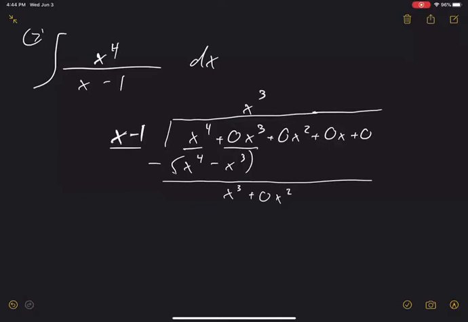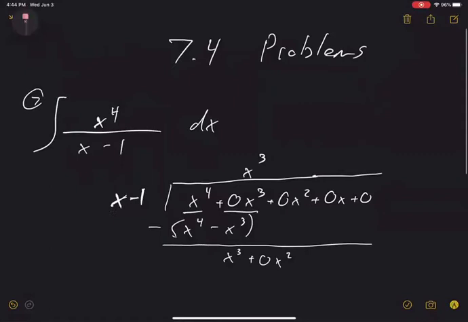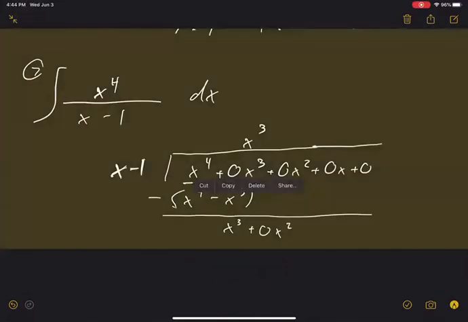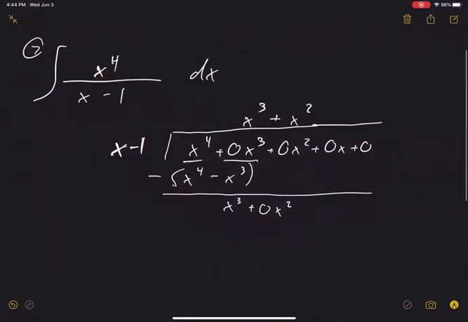I want to get this term to match this term. What do I need to multiply x by to match x cubed? I need to multiply by x squared. So I want to put plus x squared here.